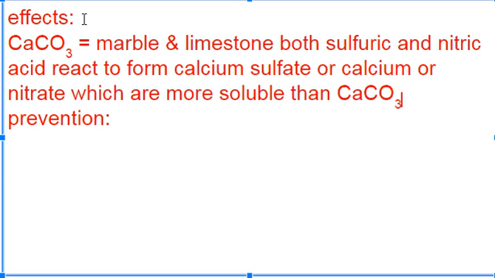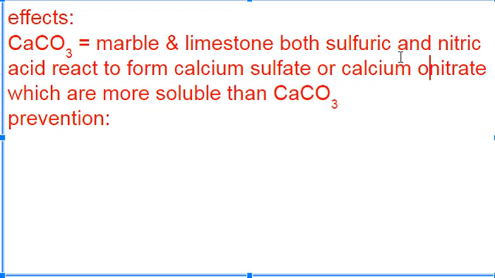So what that means is now that your calcium carbonate is being replaced with calcium sulfate or calcium nitrate, you're going to start seeing your statue wash away as it dissolves in the water.